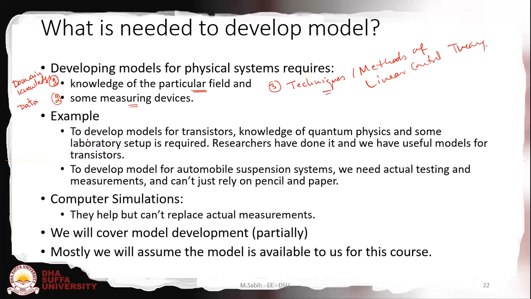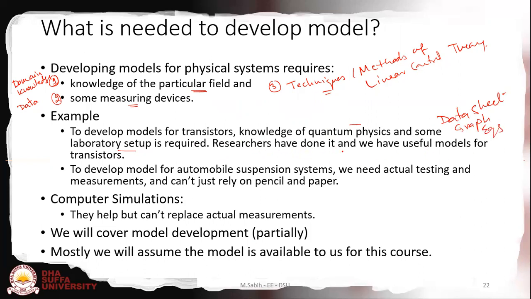Some examples are developing the models for, let's say, transistors. We don't develop them, but someone who has done the transistor models has the knowledge about quantum physics and the laboratory setup, so they tell us how the SCRs and other transistors actually work, and we get the data sheets, graphs and equations that we use.